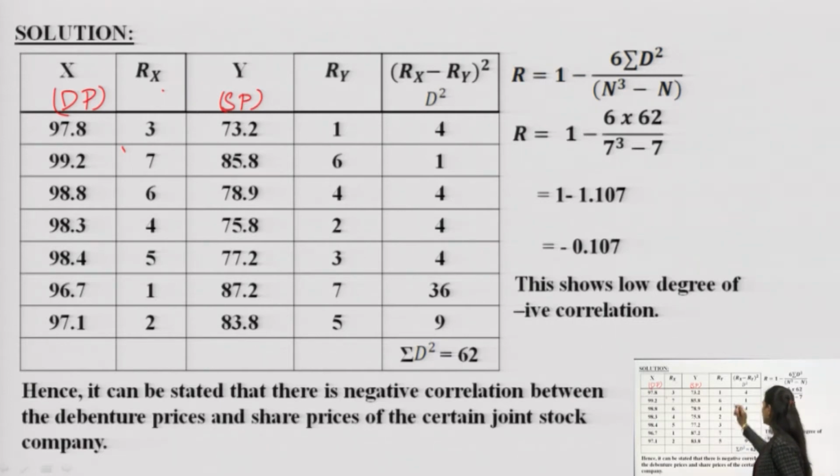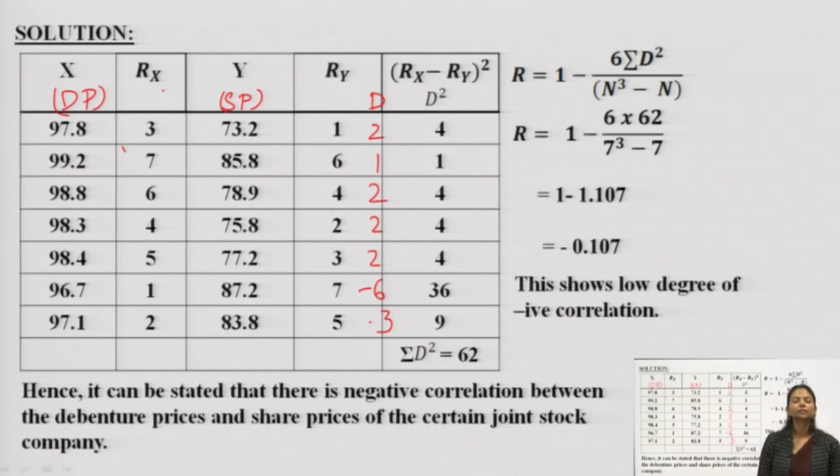So, here if I find out d, r x minus r y gives me 3 minus 1 gives me 2, 7 minus 6 gives me 1, 6 minus 4 gives me 2, 4 minus 2 gives me 2, 5 minus 3 gives me 2, 1 minus 7 gives me minus 6, 2 minus 5 gives me minus 3.